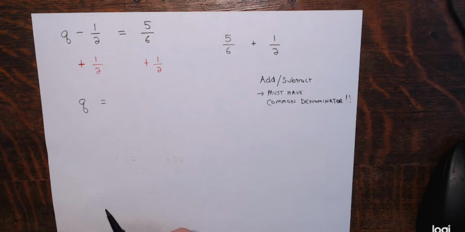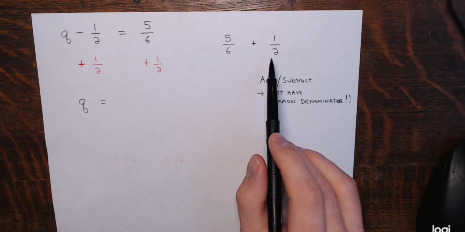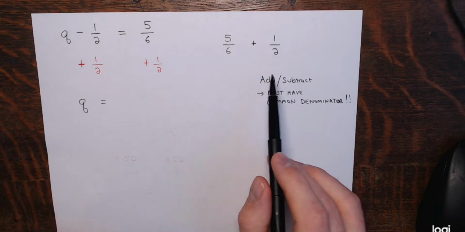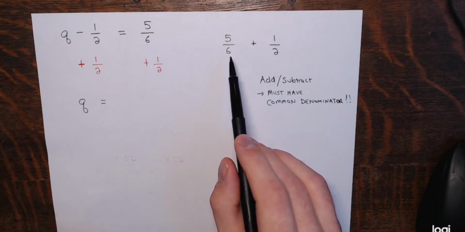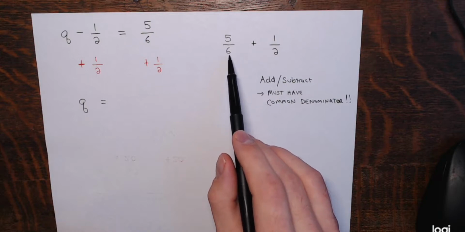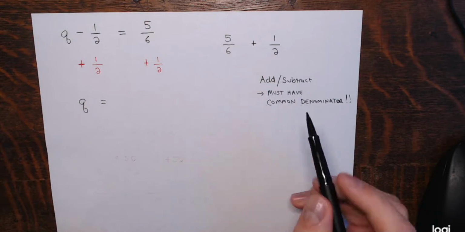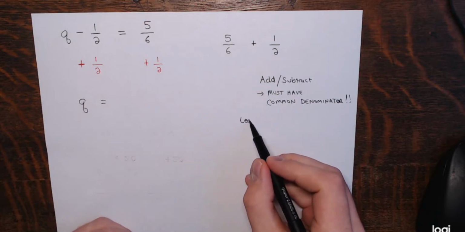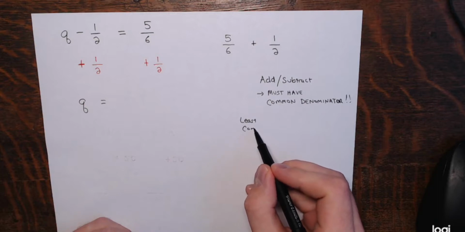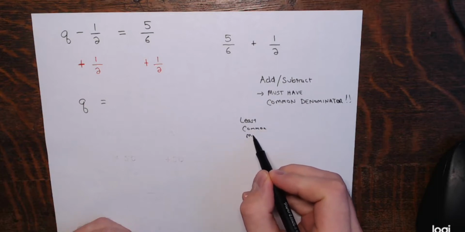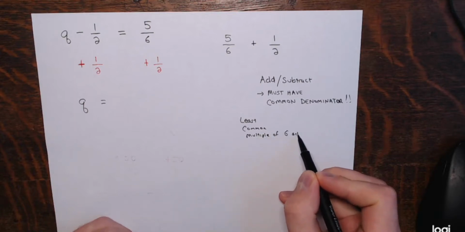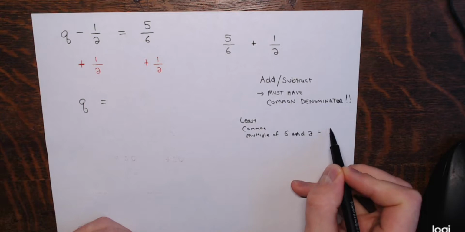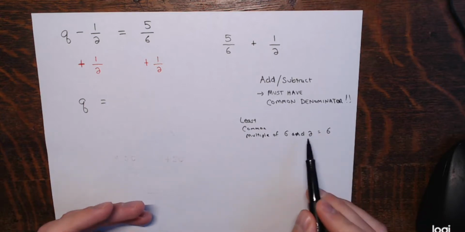Okay, so we look at, and again, this may seem familiar to you. I'm hoping so. I mean, by this point in your life, you've seen how to add, subtract fractions. Look at the denominators. 6 and 2. The least common denominator or least common multiple of 6 and 2 is 6. 6 is a multiple of 6, obviously.